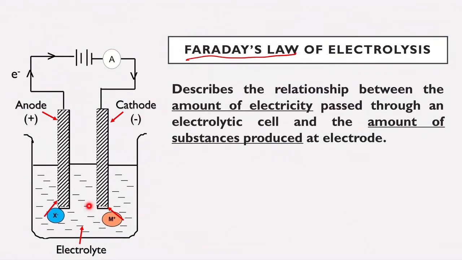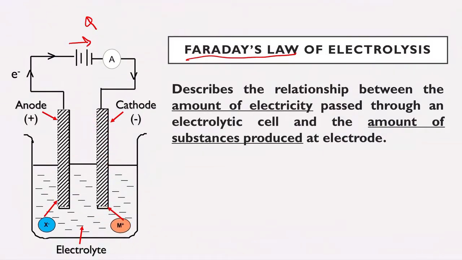As electricity is passed through an electrolyte in an electrolytic cell, an amount of substance is produced at the electrode. So how do we know how much electricity, or Q, is passed through our electrolytic cell, and how much of the substance will be produced?